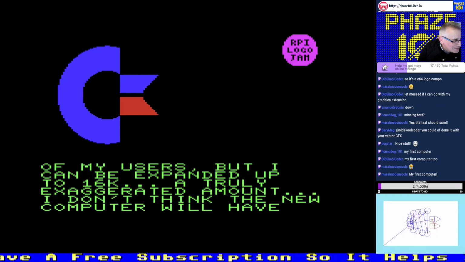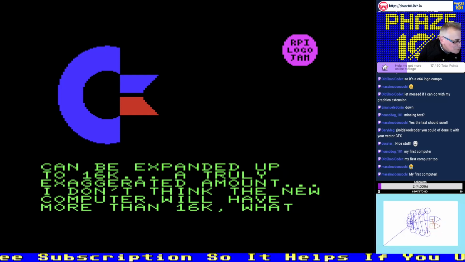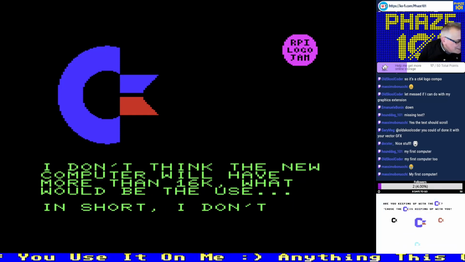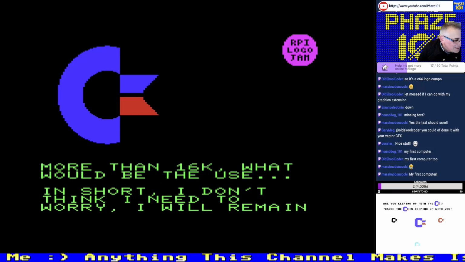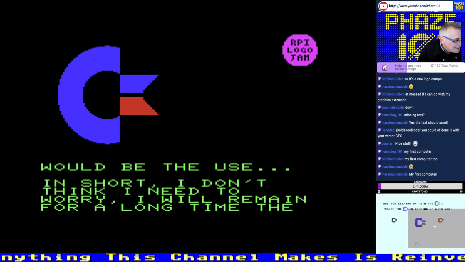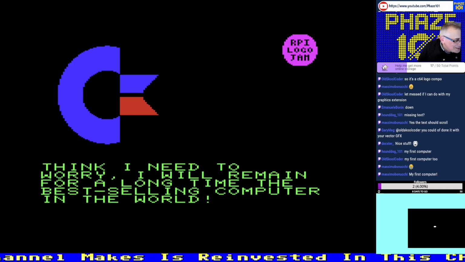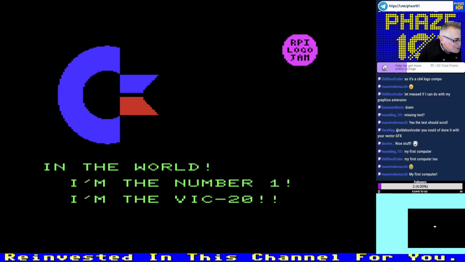I don't think the new computer will have more than 16K. What would be the use? In short, I don't think I need to worry. I will remain for a long time the best-selling computer in the world. I'm the number one. I'm the VIC-20.